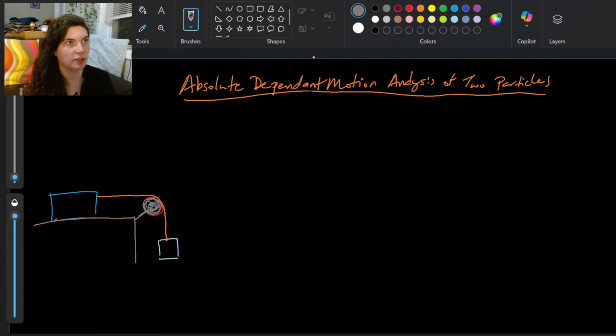Here's a pulley. It's attached to a corner of a table here. We have this pulley connecting these two blocks. I'll call this A and this guy B.